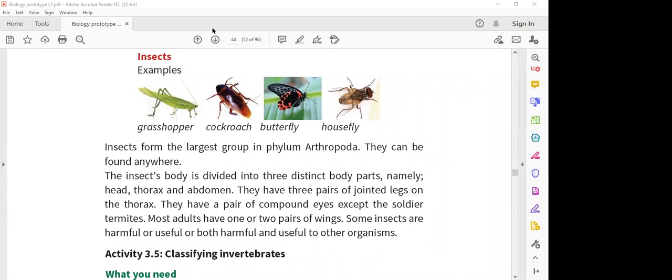What we shall later learn is that the thorax of these insects is divided into 3 segments. It has a prothorax, mesothorax, and then metathorax. So the thorax itself has 3 segments, and each of those segments has a pair of legs.